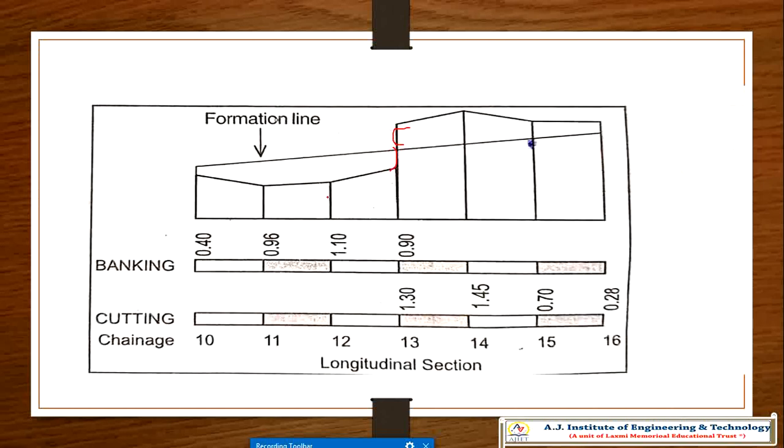So you are getting depths, right? The depths should be d1, d2, d3, d4, right? So d1 plus d2 divided by 2, d2 plus d3 divided by 2, d3 plus d4 divided by 2.